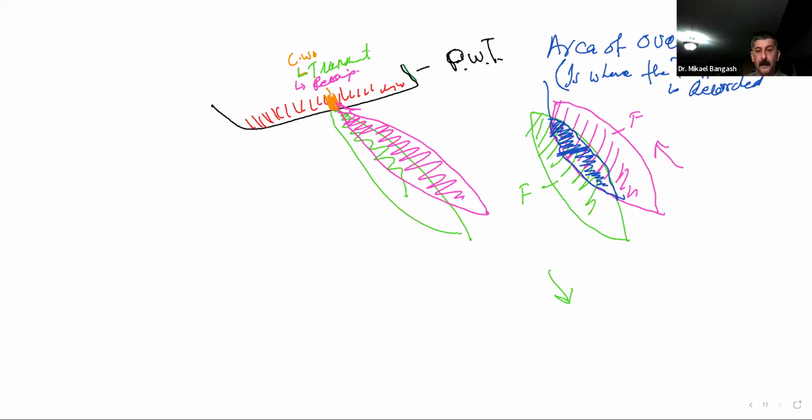Wherever this frequency is compared to this frequency will be in the common area where they were overlapping. Did you guys get that? And that's going to inform the system of the Doppler frequency, which then will be converted into a velocity.